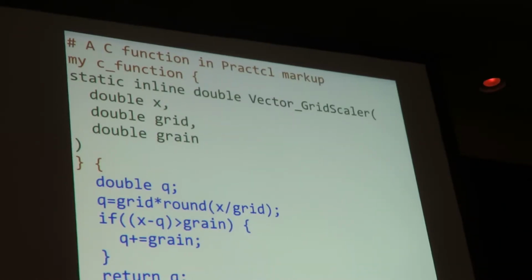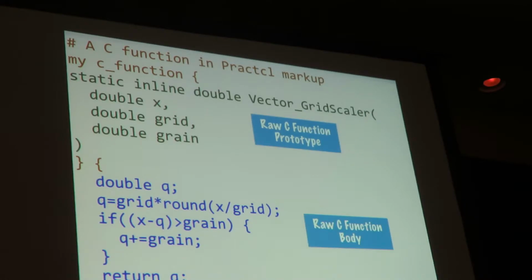Then we can also inline C functions. What I do is I make you give me a prototype so that I can put it in the appropriate spot in the headers, and then the body's the second argument. But again, it's a Tcl command that is feeding in a data structure that's ultimately going to be inside of your C and header files. Up here, the stuff in green is my prototype header, and basically anything that's admissible in C is admissible in that block.